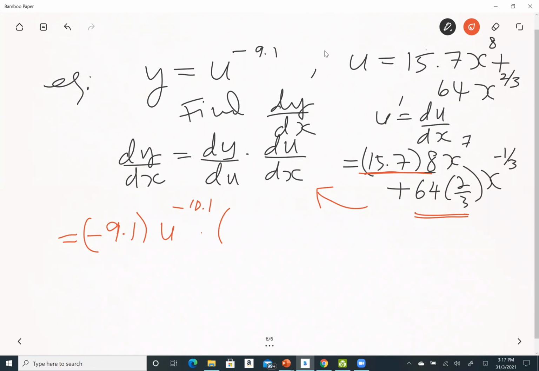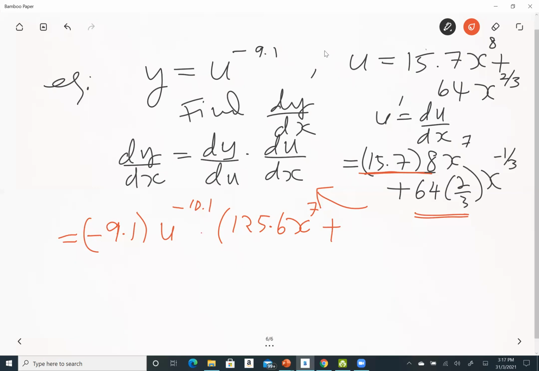15.7 multiplied by 8, what do we get? 125.6. So 125.6 x to the power of 7 plus, the back part, 64 times 2 over 3. What is it?